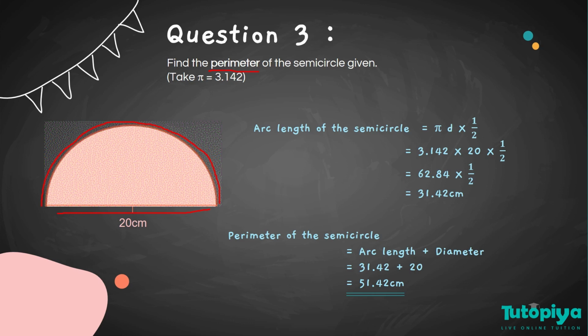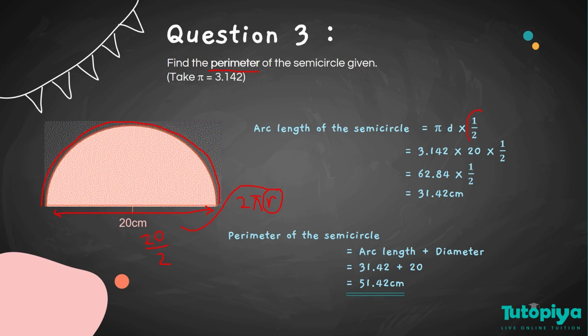We are going to use d because they have given the diameter here. Or if you are going to use 2 pi r, you will have to divide 20 by 2 and find r and then substitute. So it's easier for me to use pi d here, substituting 20 at once.